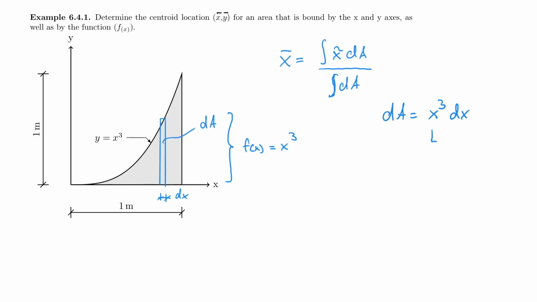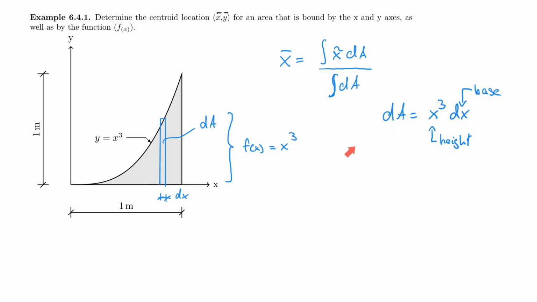And again, this is the height, and this is the base. Base times height. Now, what is my x tilde for that particular area element? Remember that now I expressed dA in terms of dx. So this was my step number 2, which is pretty much done here.